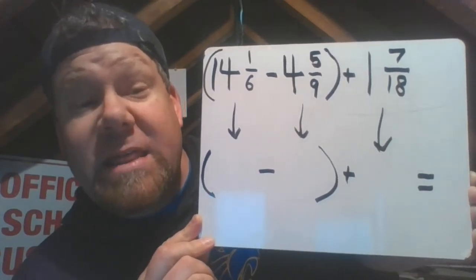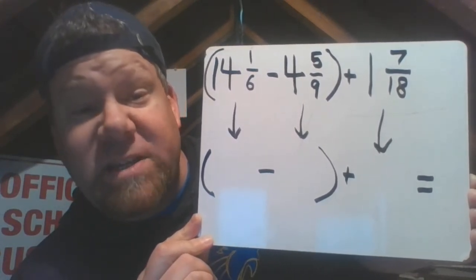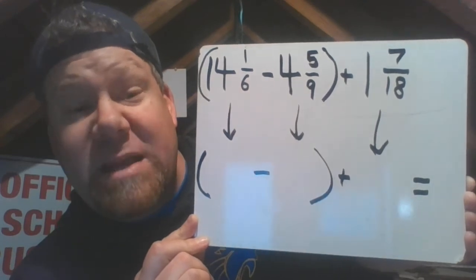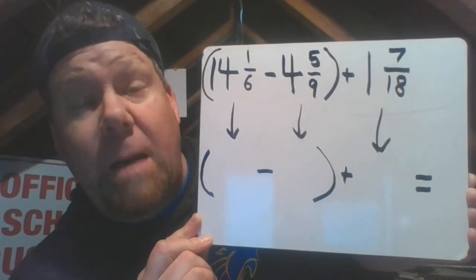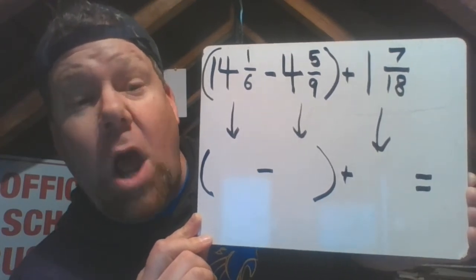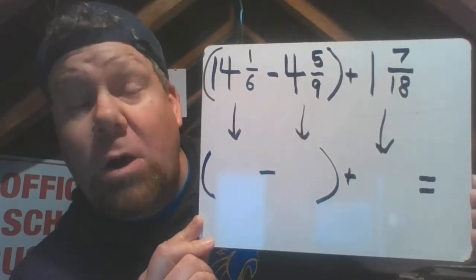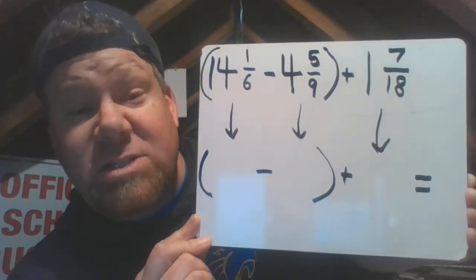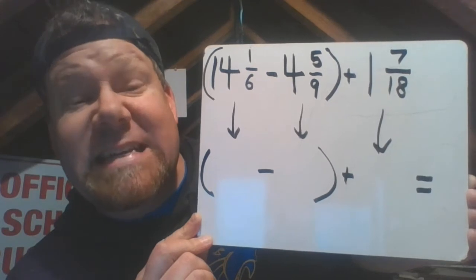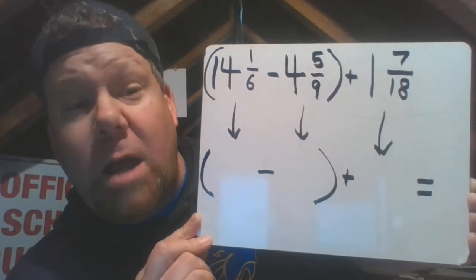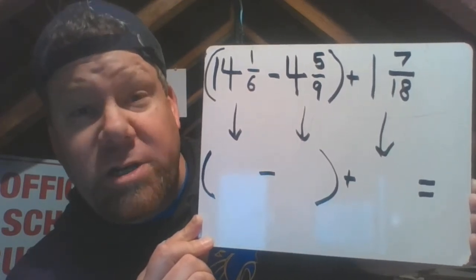Now, with the aspect here of this problem having three mixed fractions, we need to look at all three denominators and come up with a common denominator. Now, the tip that I always give my students is when you're trying to find a common denominator, first see if you can fit the smaller denominator into the larger denominator.